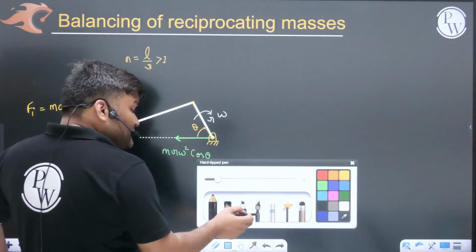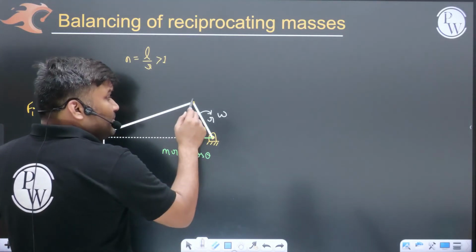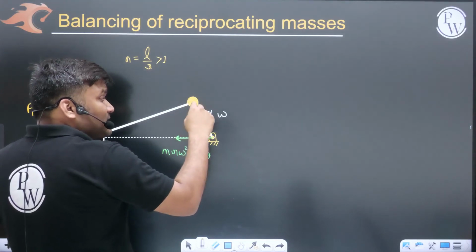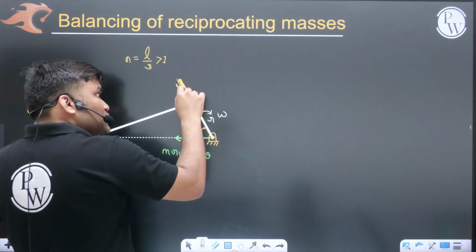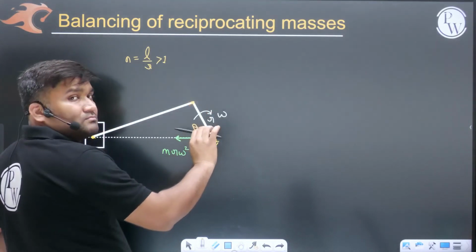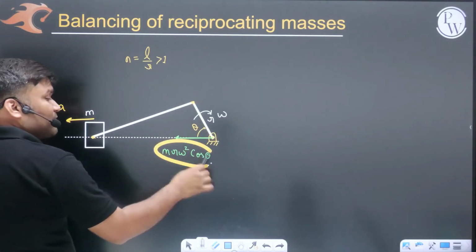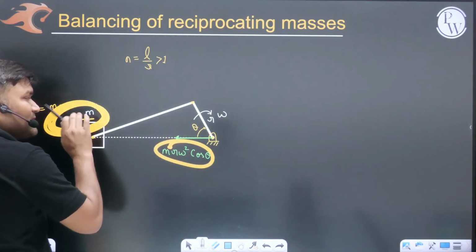It seems that this force is acting because there is some mass here, m mass, mounted at r distance. Crank is rotating with omega, so its centrifugal force is going to act here, m r omega square, and it's the component you have drawn here. It is just weird feeling. Although I know that this force has come from here. This is the inertia forces of reciprocating masses.